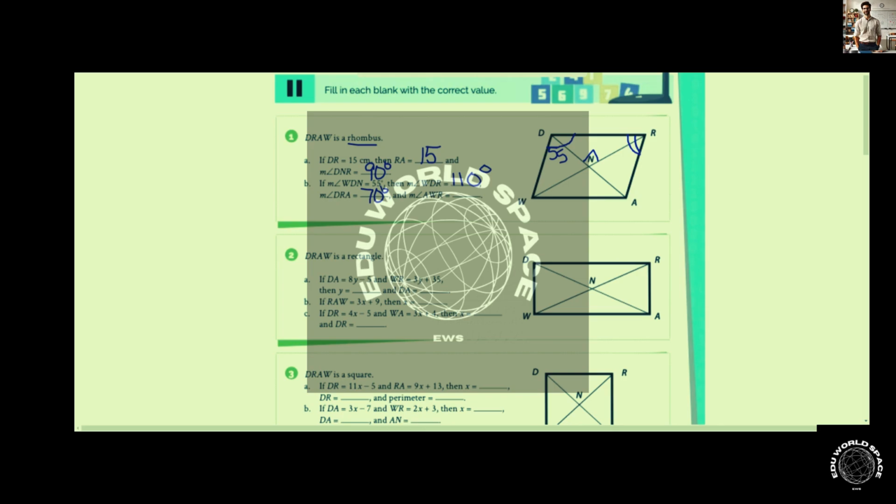Consecutive interior angles, or angles that are next to each other in a parallelogram or rhombus, add up to 180 degrees, or supplementary. And then angle AWR, which is on the other side here, if it would be 70 in total, then it would be 35 each because they're split equally, they're bisected, so 35 degrees.